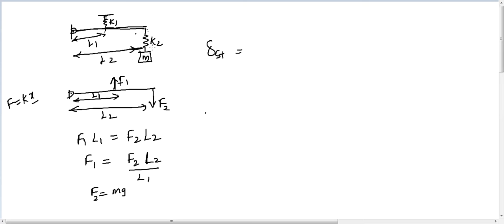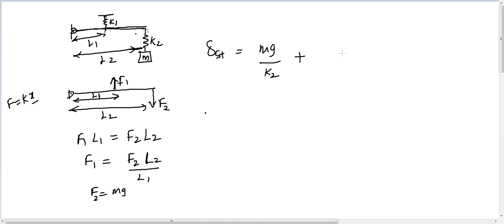In this case the mass is coming down not only due to the second spring, by an amount mg by k2, but also due to the first spring, where the deflection is F1 by K1.